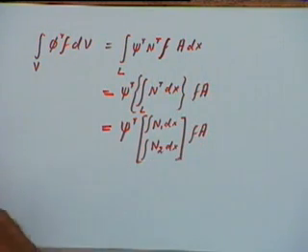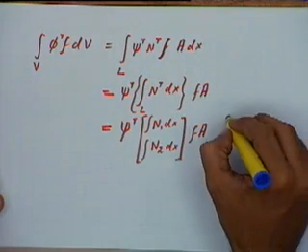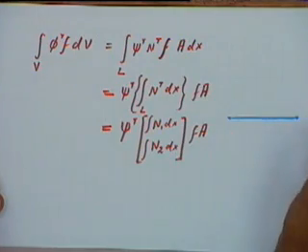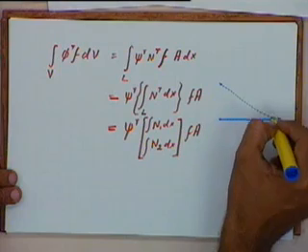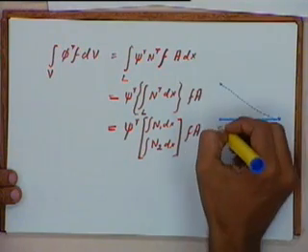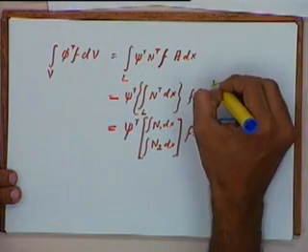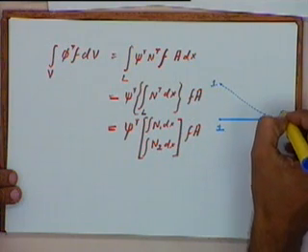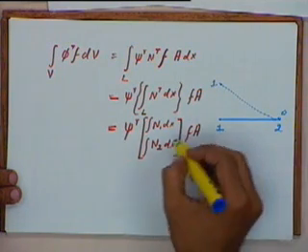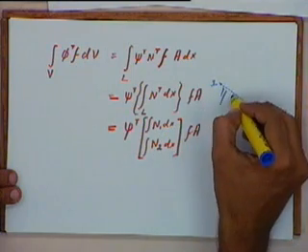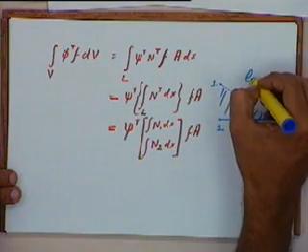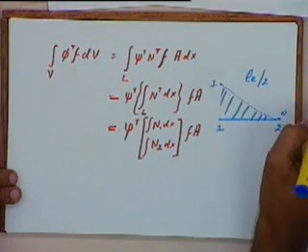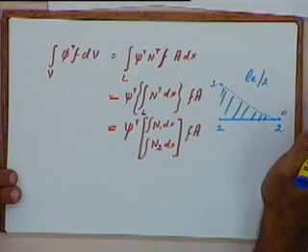If you remember, the integral of n1 dx, n1 is a shape function which along the length of the element is changing from 1 to 0 like this. At the point 1 it is equal to 1, at the point 2 it is equal to 0, and the integral of n1 dx will be the area under this curve, and this integral is equal to LE by 2, base into height into half.